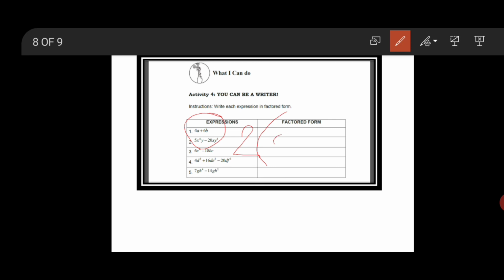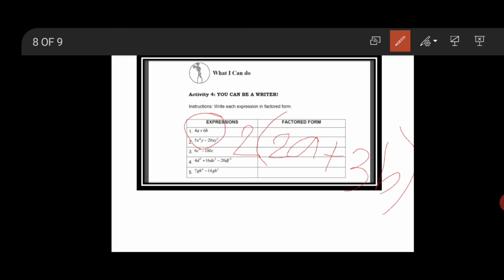So 4a divided by 2 leaves 2a, then using the same plus sign, 6b divided by the common monomial factor 2 leaves 3b. So this is your answer as a factored form.